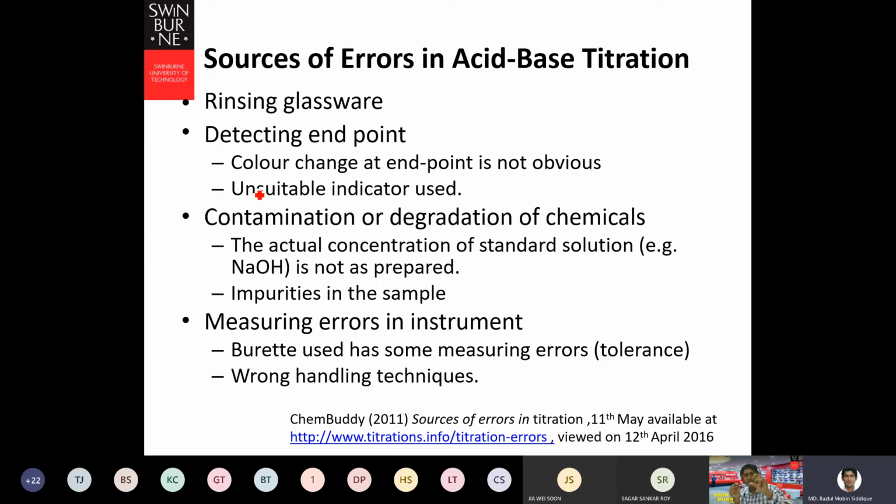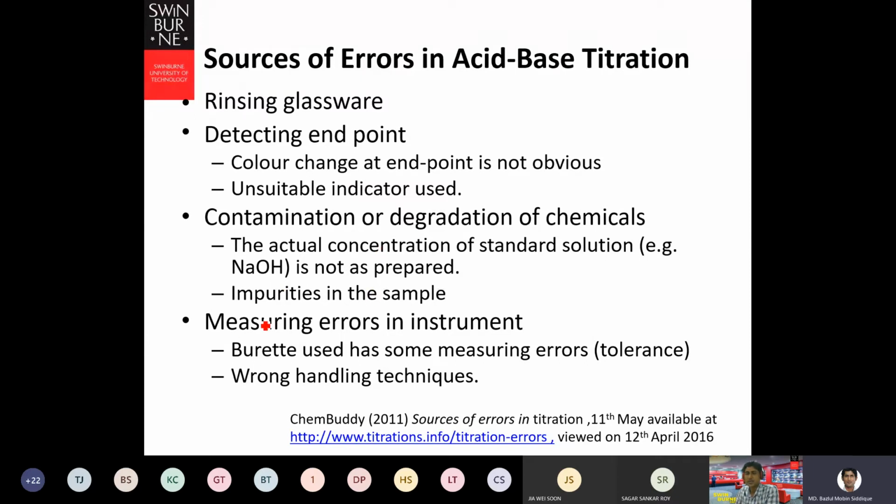Maybe somebody will see it now, maybe somebody will see it after 1 more drop has been added, then they will find that this is the end point. So there is a chance of not being able to see it clearly. Contamination, that I said, and measuring error in instrument.